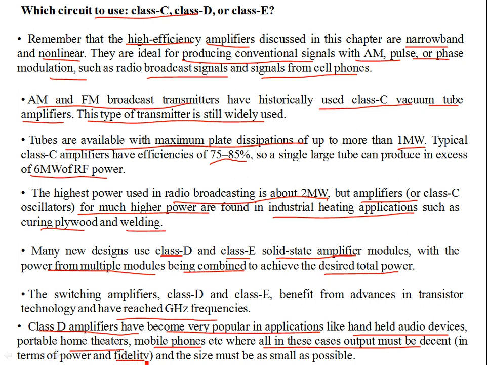Class D amplifiers can provide that. Similarly, Class E amplifiers can provide very nice sine waves if you use very high Q LC circuits. Both have series LC resonating circuits, and if they are very high Q, you get a very nice sine wave.